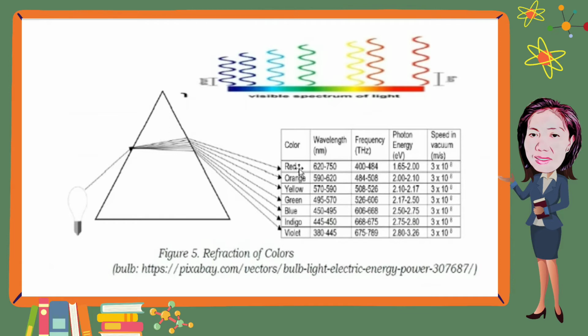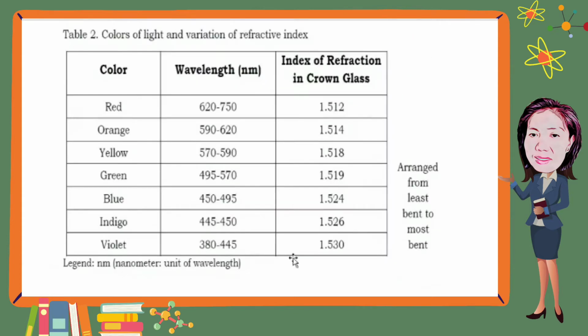That is why red is called as the least bend. And the purple or the violet is the most bend. And take note, the arrangement is according to the index of refraction. So kung titingnan natin when we use the prism ground glass, ito ang index of refraction niya.